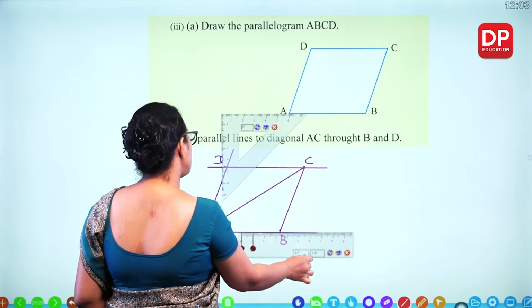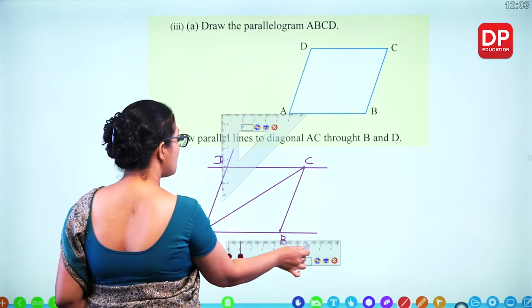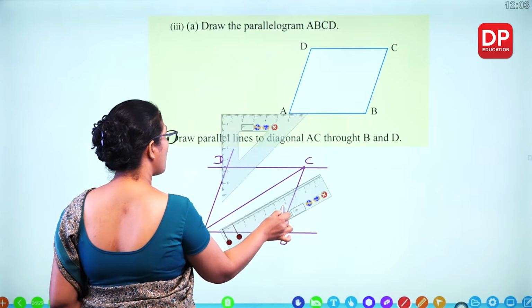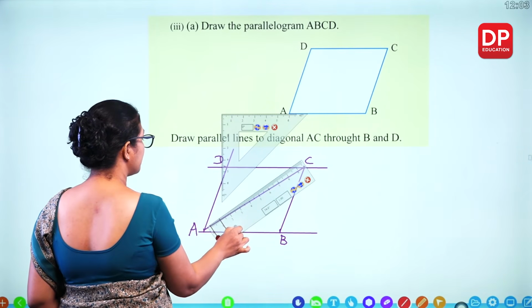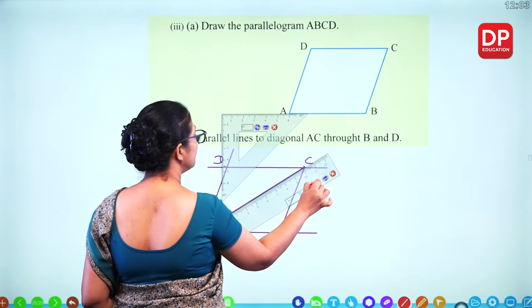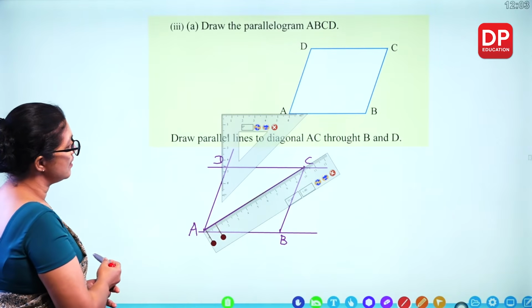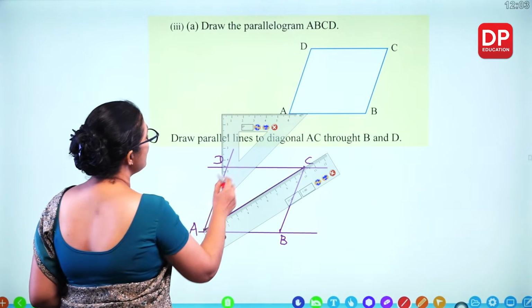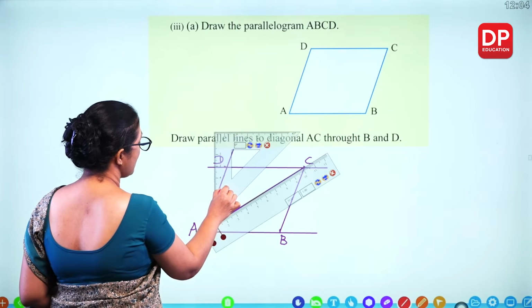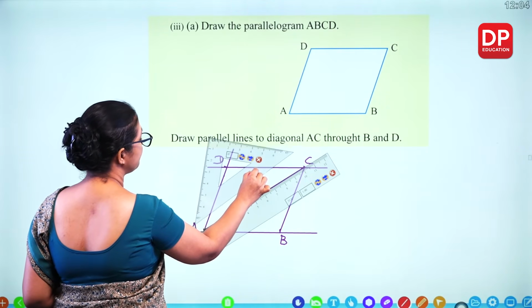So what we can do, you can keep the ruler on top of the AC line first. So like this. And then you can keep the set square on top of that.